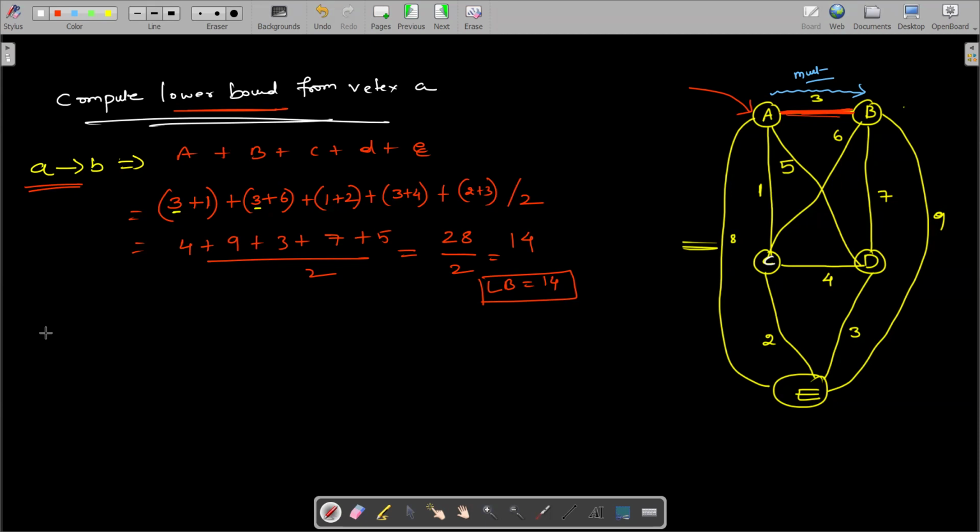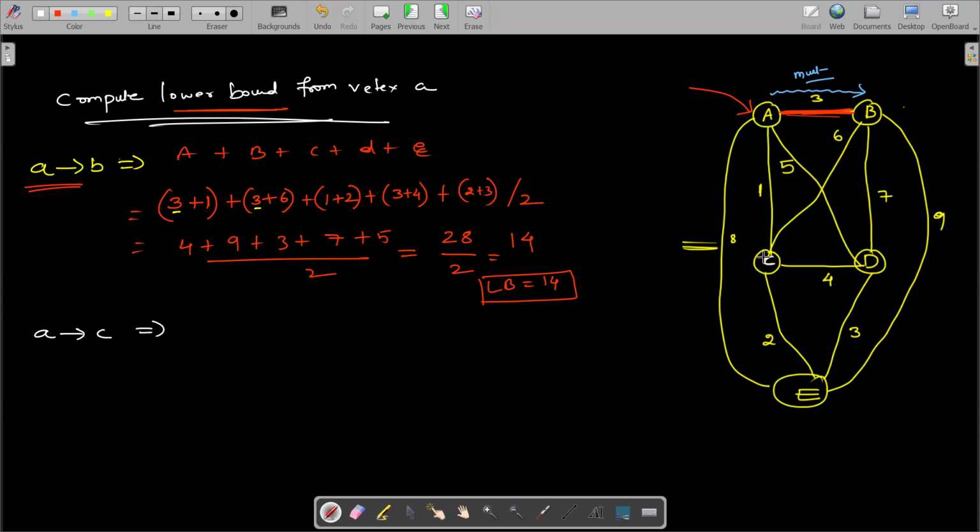After that, A to B is fine. Again like this, we have to find A to D, A to C, again A to E. All these things, A to C, we have to find everything. So next we will go to A to C. You have to understand this one.